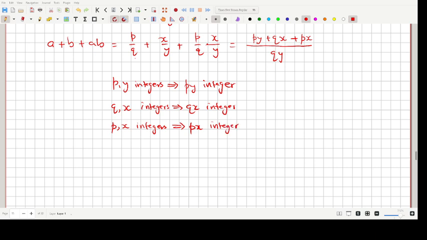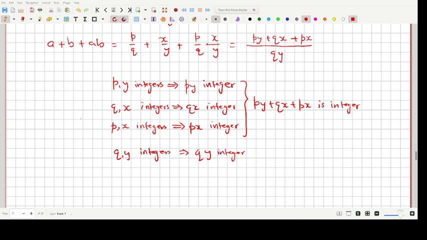And since these three are integers, and if we add three integers, we get another integer. So py plus qx plus px is also an integer, right? So we have got an integer in the numerator. All right. Now, as you can see that in the denominator, we have got qy, right? So q and y are integers, and the product of two integers is always an integer, which means that qy is an integer.